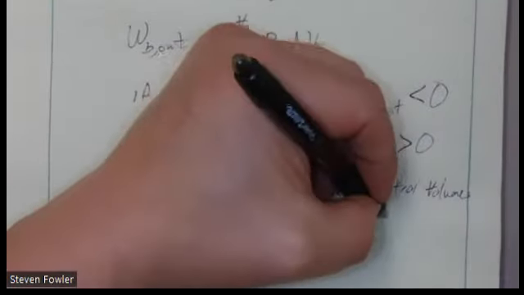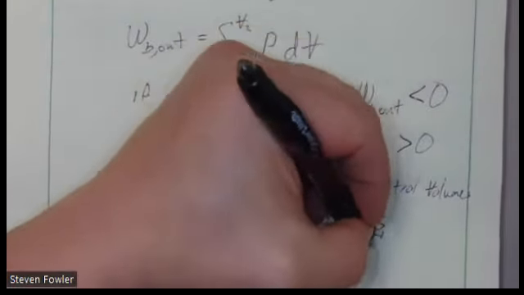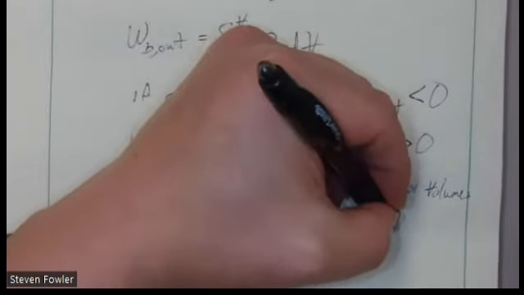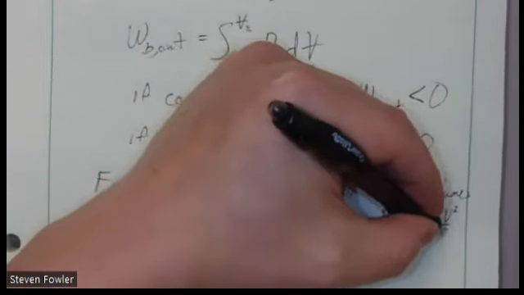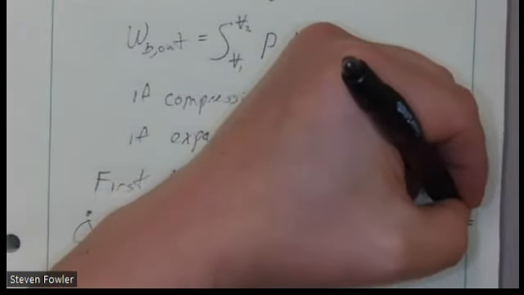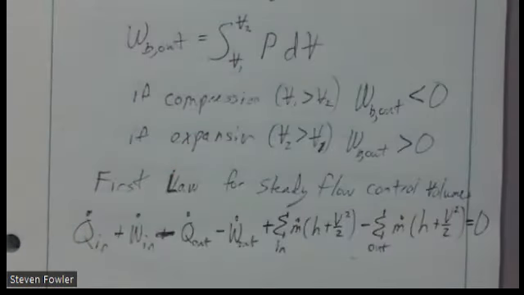And we're also going to have those across all of the outlets. So again, summation across all of the outlets, m dot times (h plus V squared over 2), the enthalpy and the kinetic energy. And that's equal to the change.